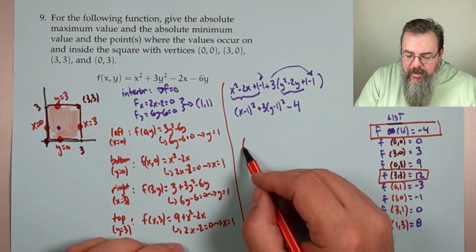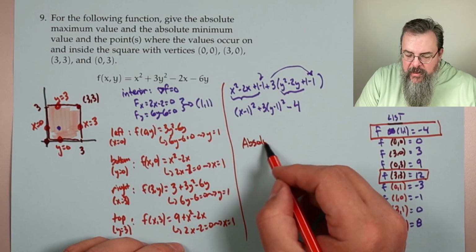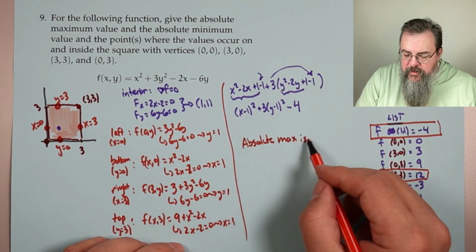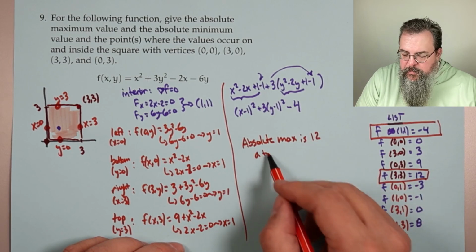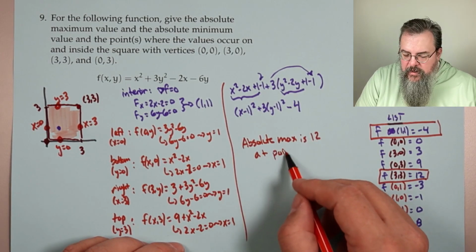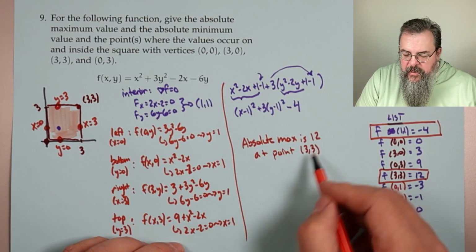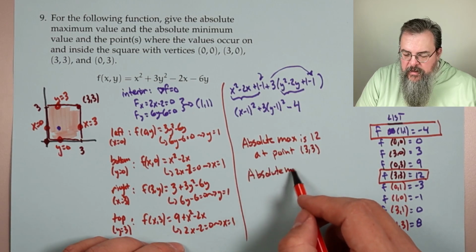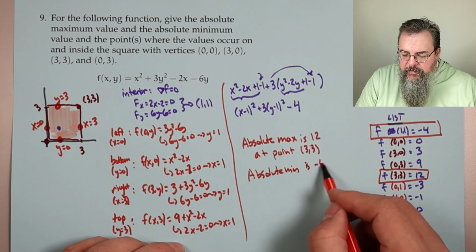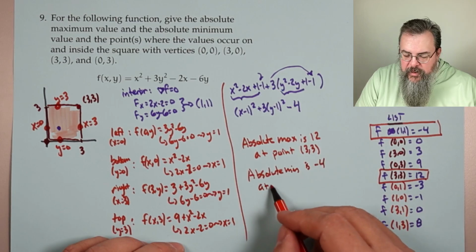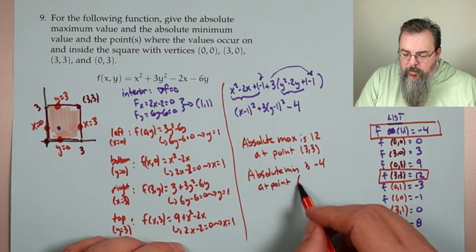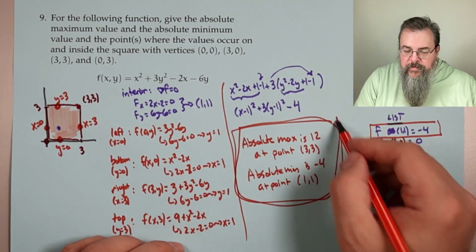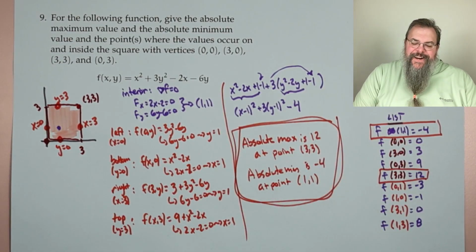So the absolute max is 12 at the point 3 comma 3. The absolute min is negative 4, and that's at the point 1 comma 1. And there we go, we got our answer.